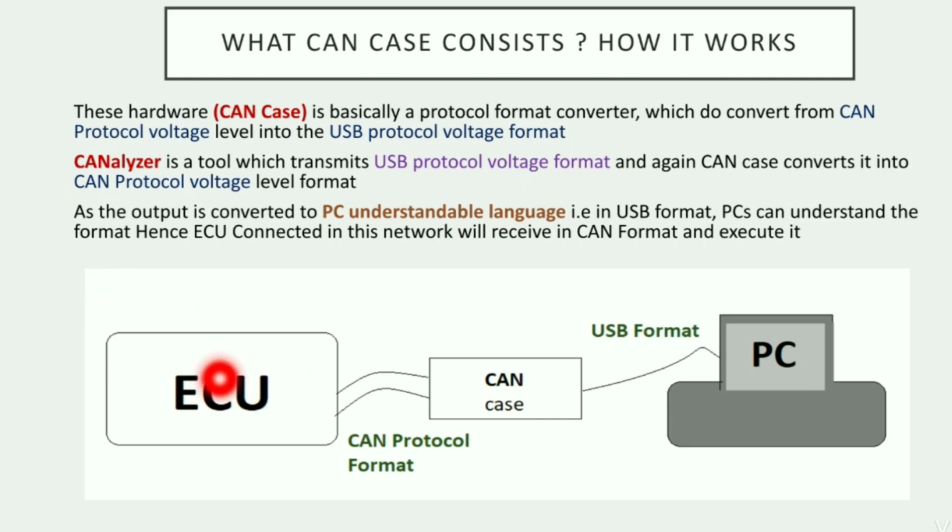If you crash this ECU, the airbag signals are transmitted. Even if you don't crash it, the signal is always transmitted. The signals are transmitted in the CAN protocol voltage level, say for example 2.5 or 4.5, and this CAN case will convert it. That's what we mentioned here: it's a protocol format converter.